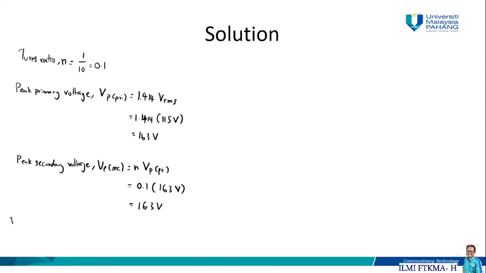And then the unfiltered peak of the full wave rectified voltage, which is VP rectified, is going to be equal to VP secondary minus, since we have two diodes in the bridge, 1.4 volt.